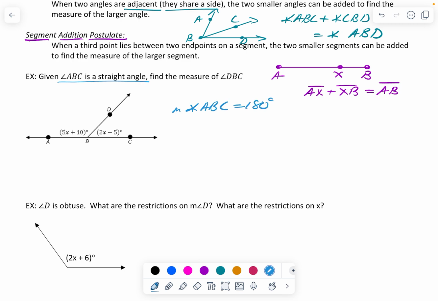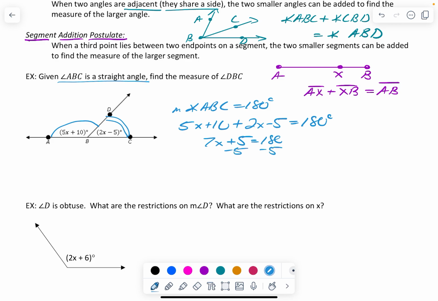And with angle addition, we know then that this angle plus this angle has to equal 180 degrees. So we can write that equation. We could say 5x plus 10 plus 2x minus 5 is equal to 180 degrees. And now we can do some algebra.